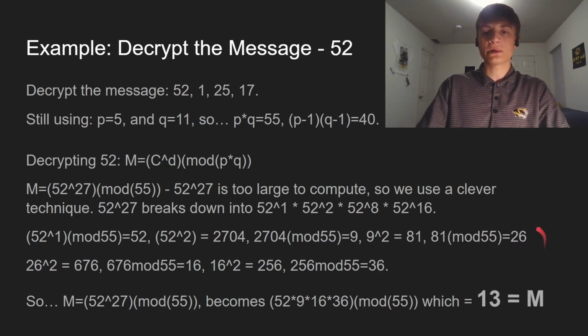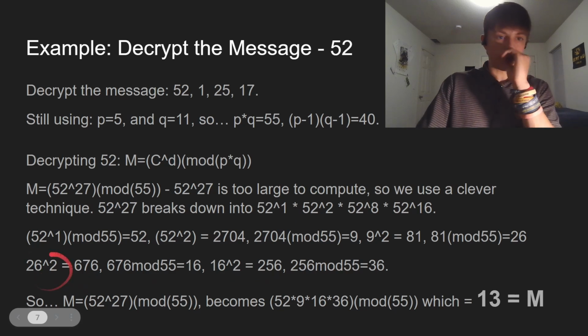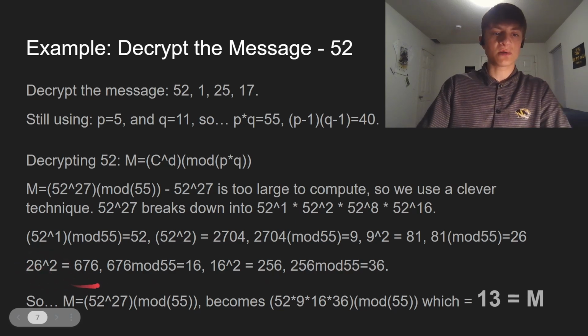Now we're doing the 8th power with the next one here. 26 squared is 676, and 676 mod 55 comes out to be 16. And so now we do our final 16th power.